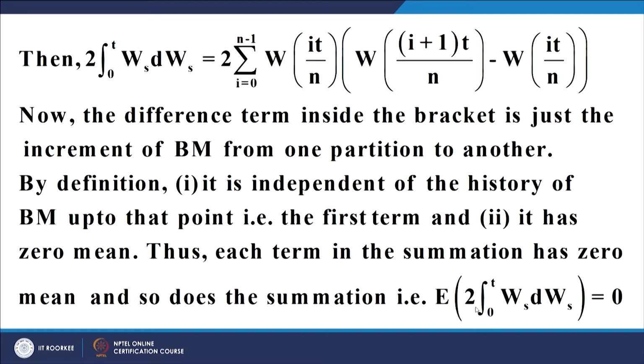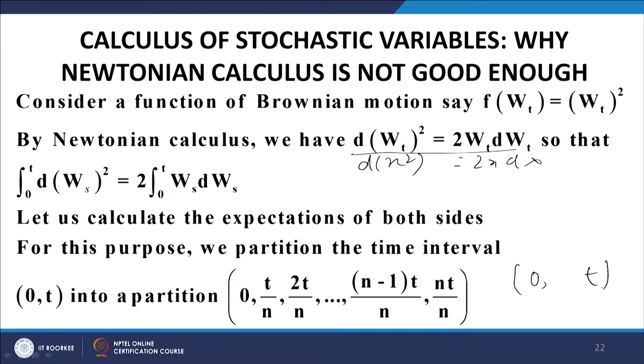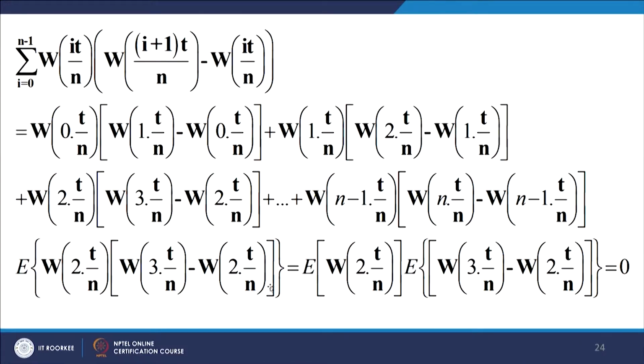So, we write it as the value at the beginning of a partition times the increment over that partition, and we take the total sum. Now, look at this, take any arbitrary term.